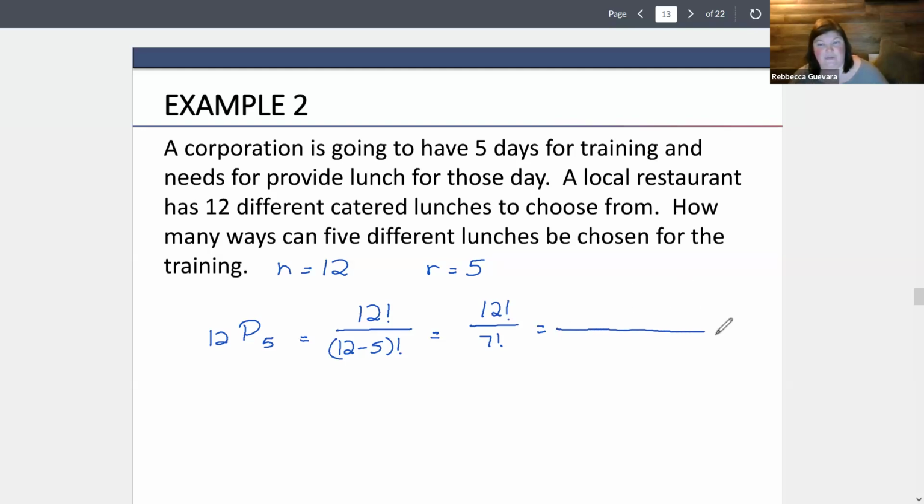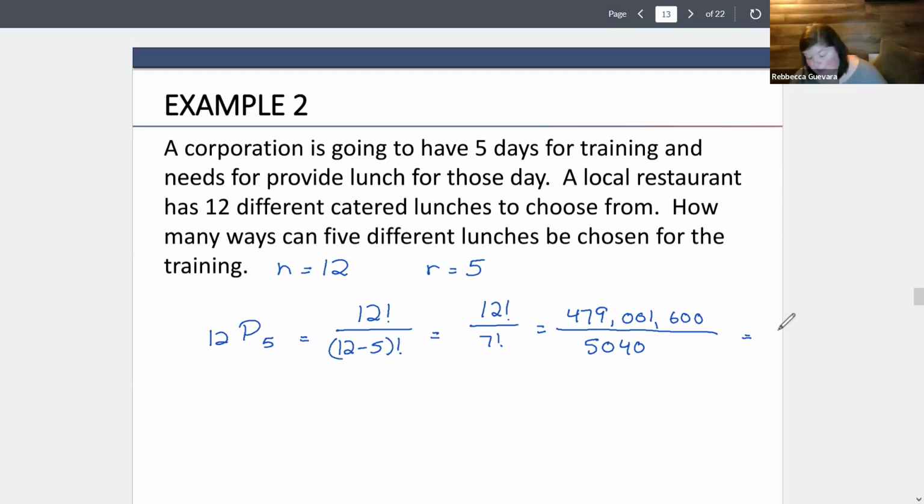We don't have to write everything out, so figure out what cancels. 12 factorial is 479,001,600, and 7 factorial is 5,040.